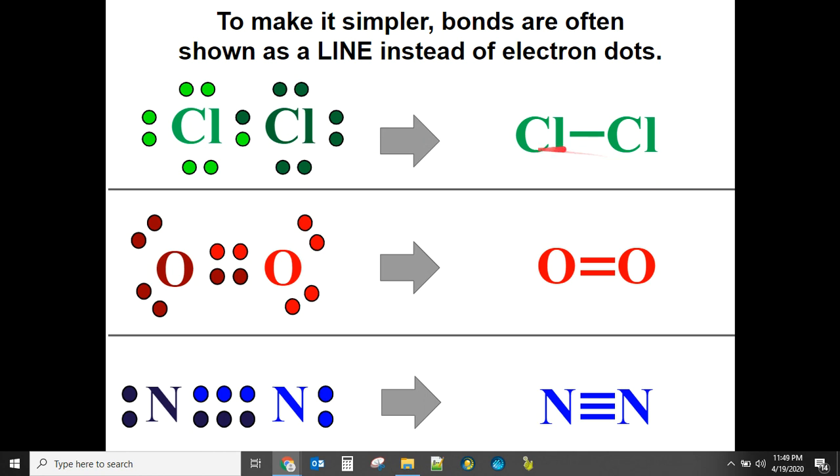Because if you just want to show the bond, that's all you're showing. Okay? And similarly, if you want a double bond, instead of all these things here, you just show 2 lines. And if you want a triple bond, then it's 3 lines. But just remember that each one of those lines represents a pair of electrons, 2 electrons shared between the 2 atoms.